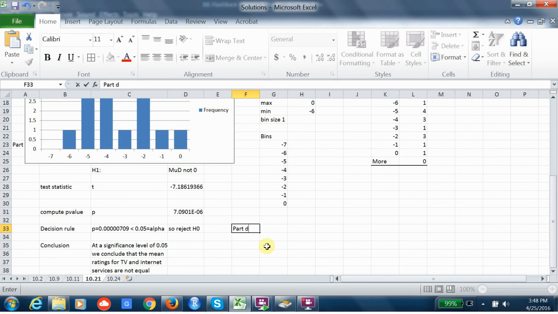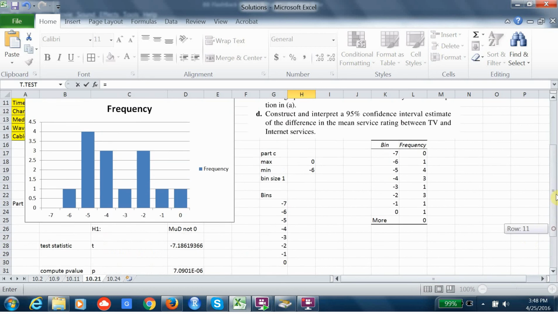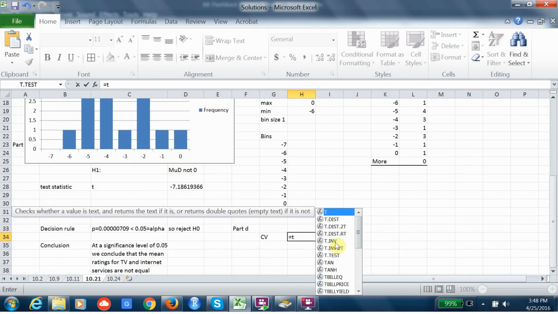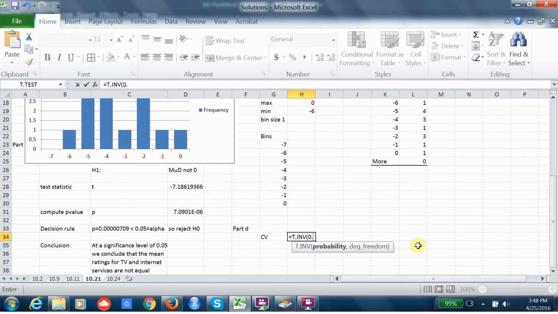We want to do the confidence interval, so we need the critical value. If we go back and look, it's going to be the 95% confidence interval. So I'm going to use T.INV with 0.025 and 13 degrees of freedom.